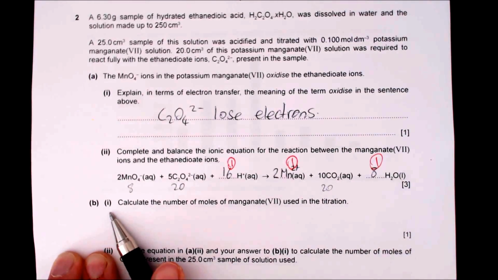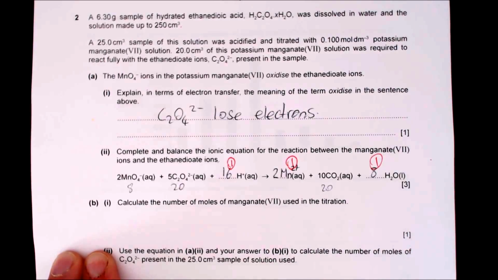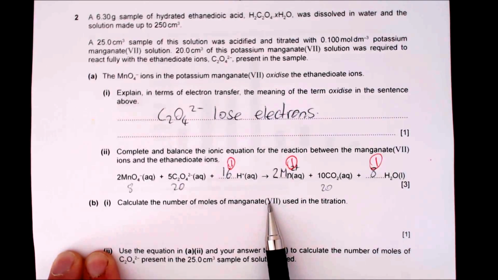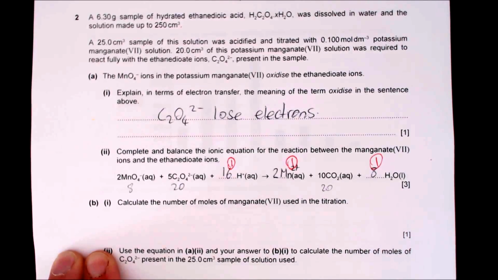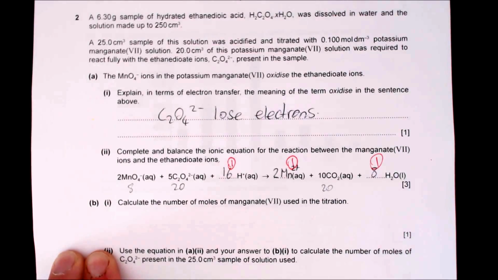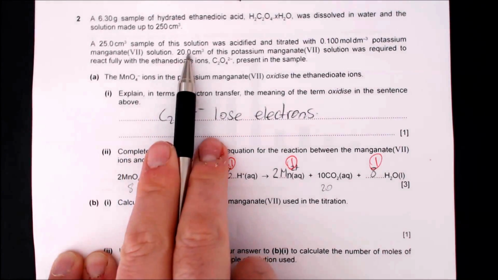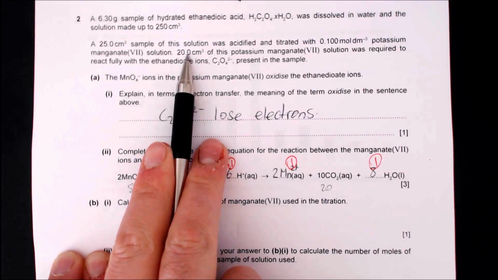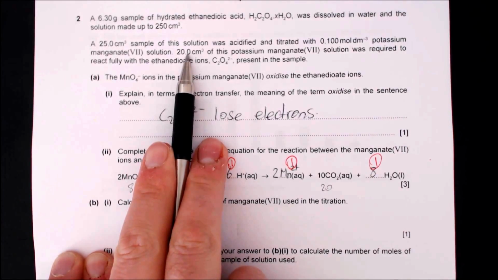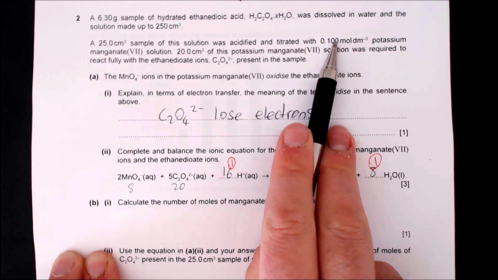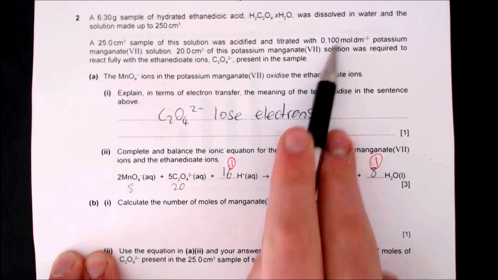Okay, and then B part 1. Calculate the number of moles of manganate 7 used in the titration. So the number of moles is going to be the volume, and the volume we said was 20 centimeters cubed, and the concentration was 0.1 moles per dm cubed of this was used.